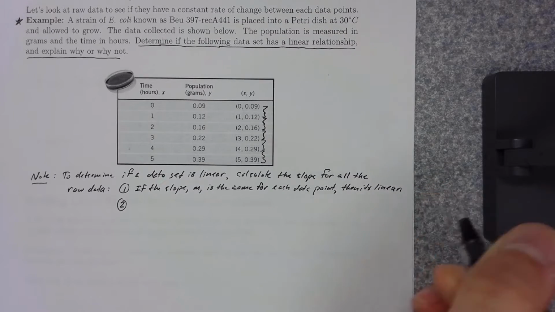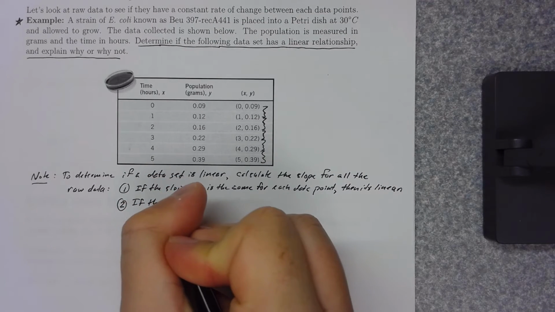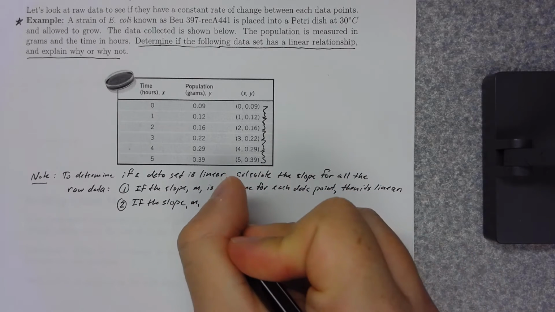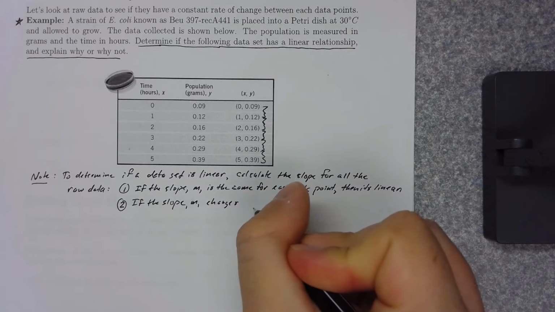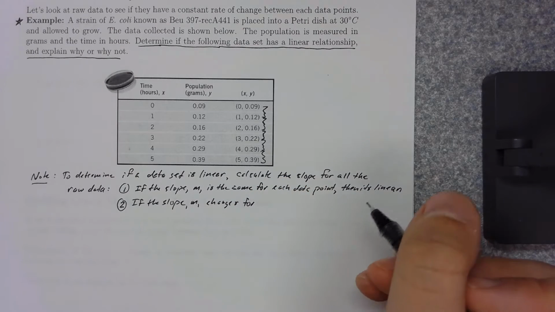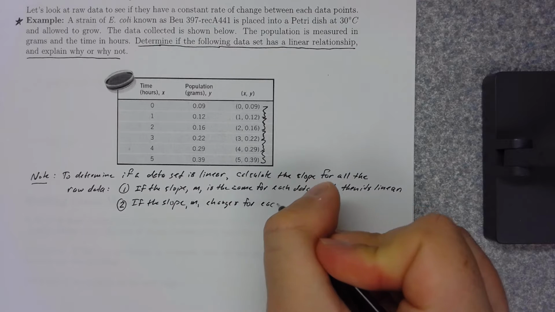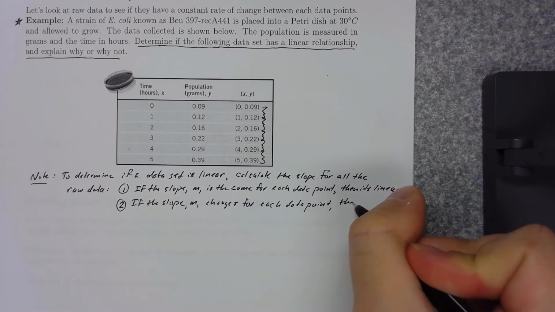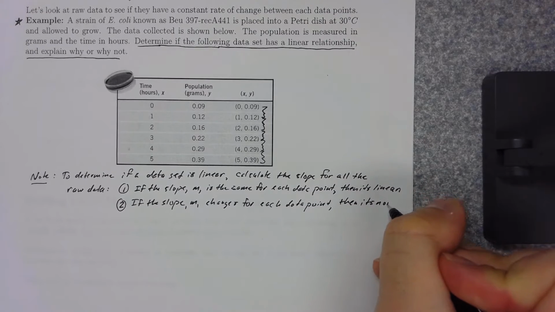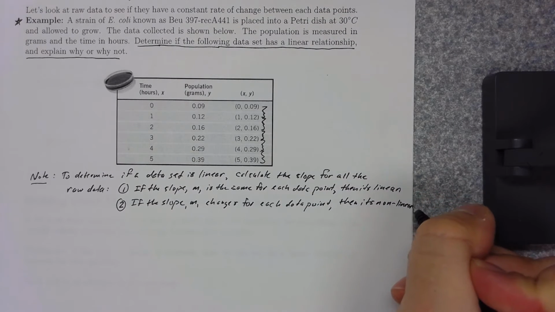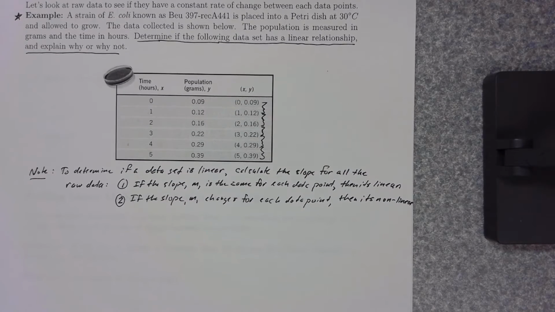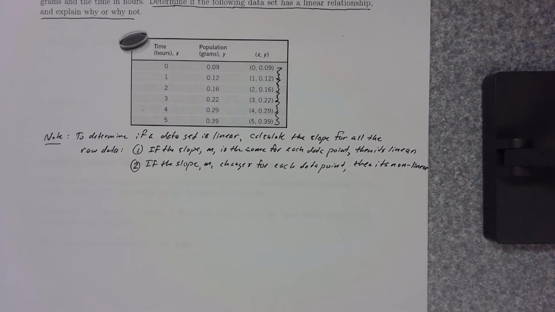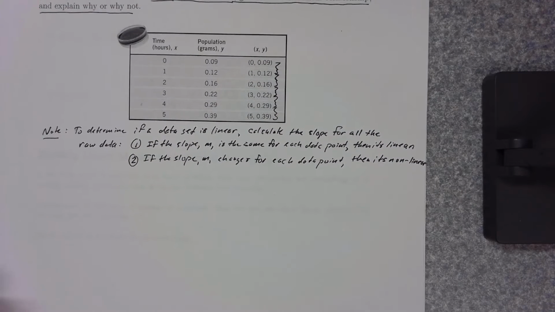If the slope m changes for each data point, then it's nonlinear. So I think this will be more intuitive when you see it in action, but let me calculate the slope.